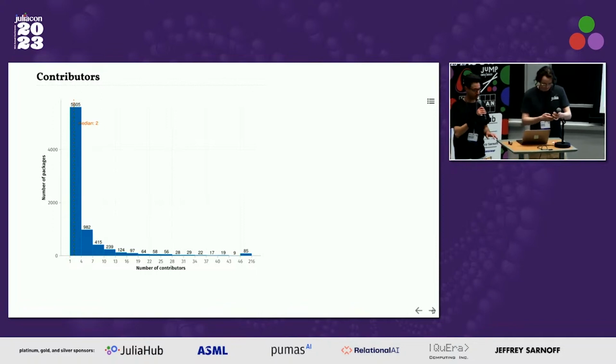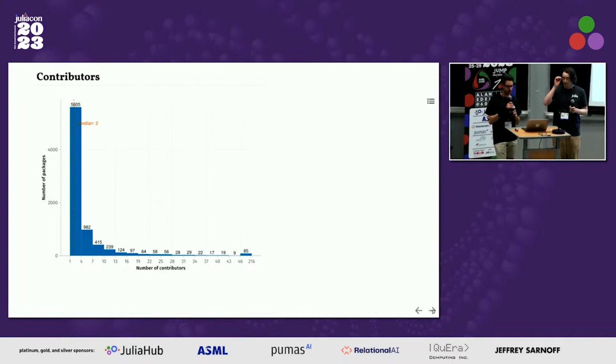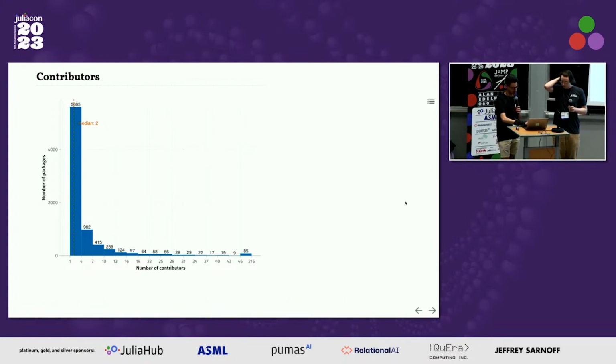And the last things that we look at are the statistics related to contributors to the Julia ecosystem. So, for example, here there is a graph of how many contributors for each package. You can see that the median number of contributors per package is actually 2, which maybe can be a bit concerning or not, I don't know.